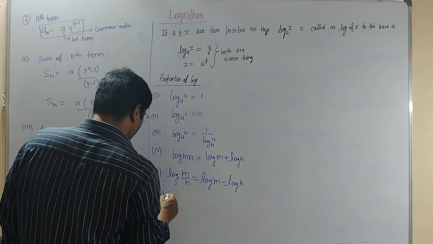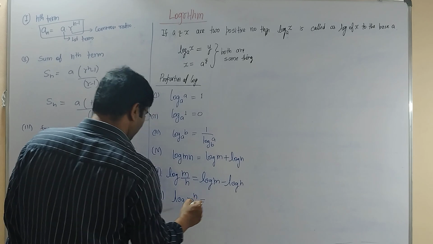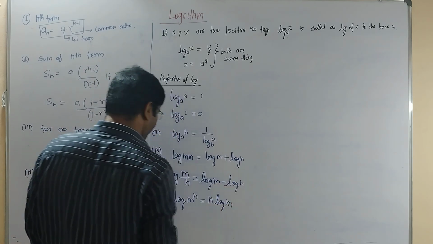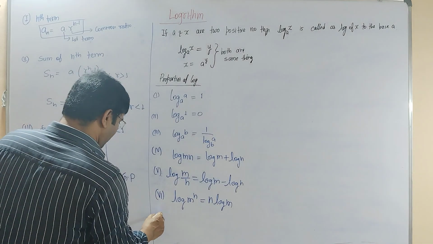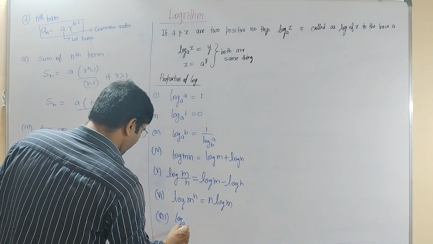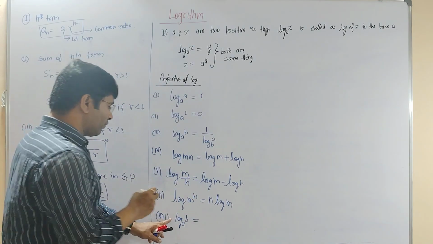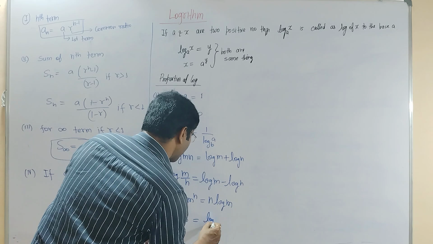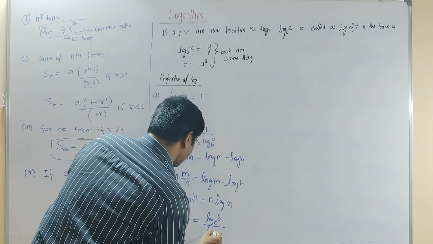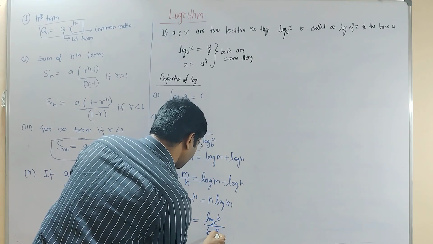If there is a power inside a log, like let's say m to the power n, we can write n outside: n log m. If I'm writing log a b, I'm introducing one base c here, so we can write log of b to the base c and log of a to the base c.